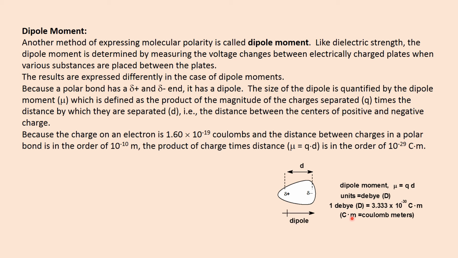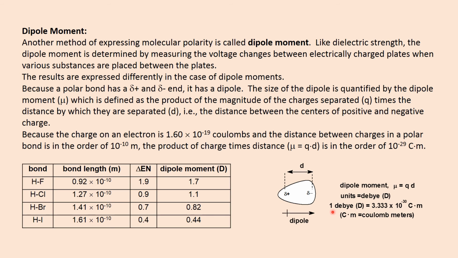And so we use a unit called a debye, which is defined as 3 1/3 times 10 to the minus 30th coulomb meters. By using this unit of polarity, it'll give us dipole moments that fall between 0 and about 15 for virtually all molecules. And that's a very handy set of values to work with.